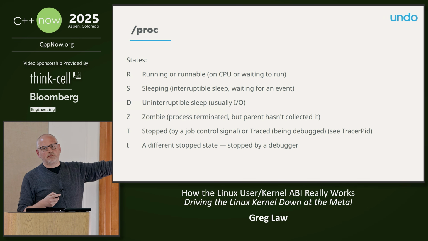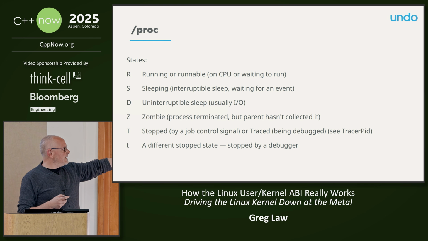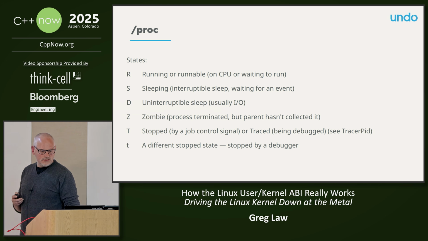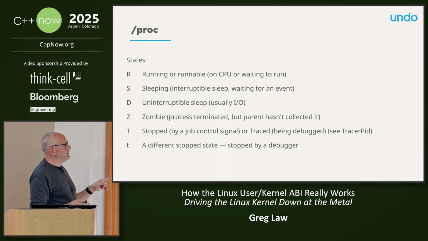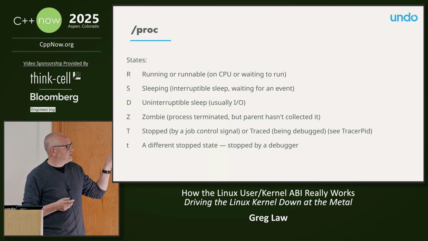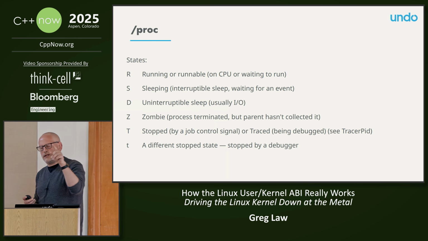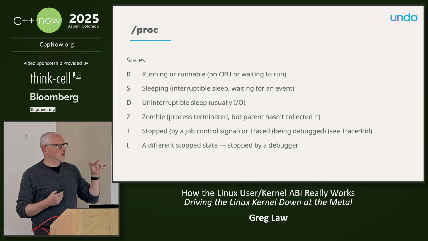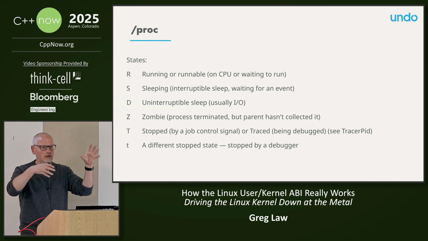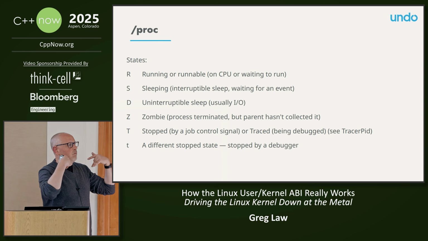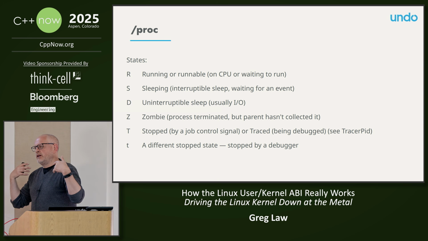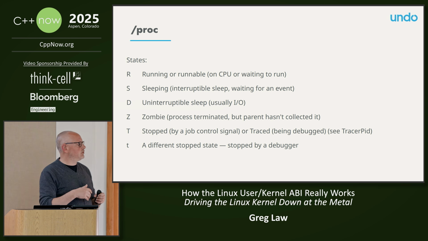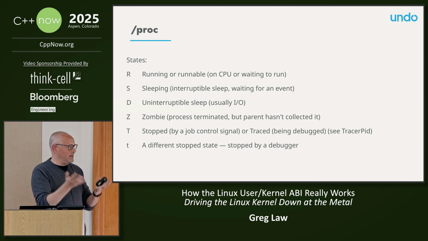Process states is what you see in proc status, and as we were just discussing, yes, the dreaded state D of uninterruptible. There are two T states. If you stop a process with SIGSTOP or SIGTSTP, or the other one, SIGTTOU, like terminal things, so if the process reads from the terminal when it's in the background, or if you do Control-Z, you get these job control signals, and they will stop all the processes in that process group.